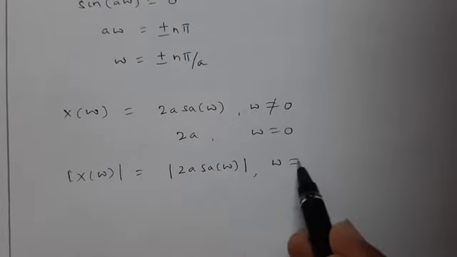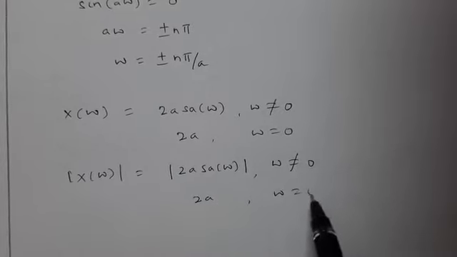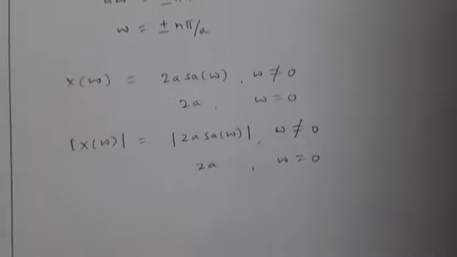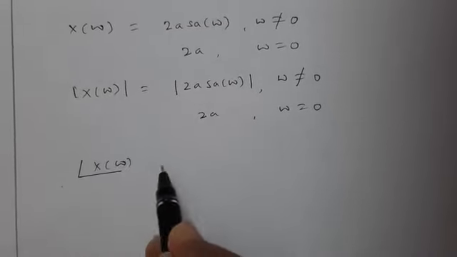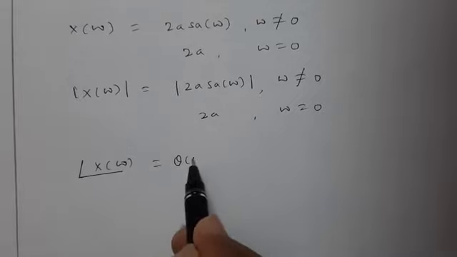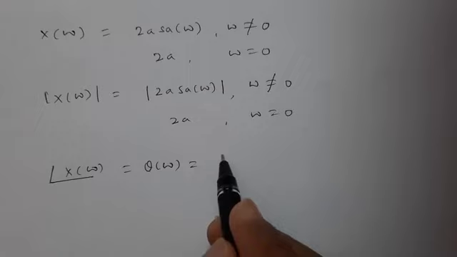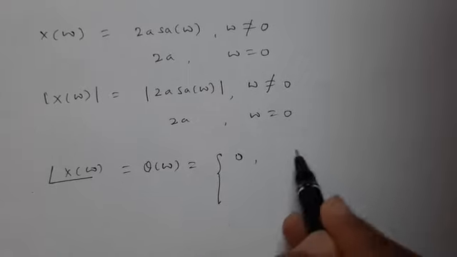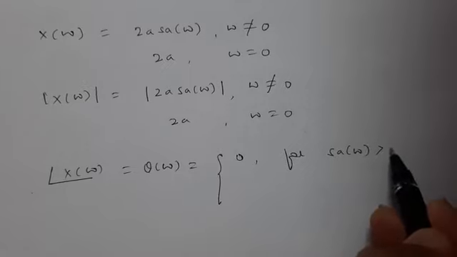You get the values only when you substitute omega values for the magnitude. Phase of X of omega, which is equal to theta of omega, the angle I am trying to find, is 0 for Sa of omega greater than 0.